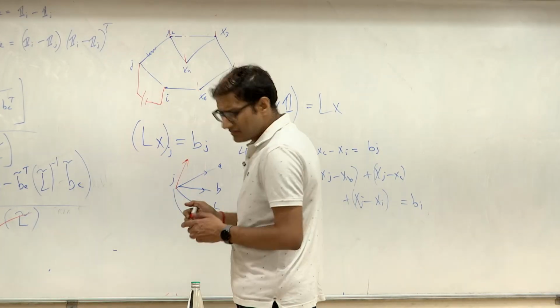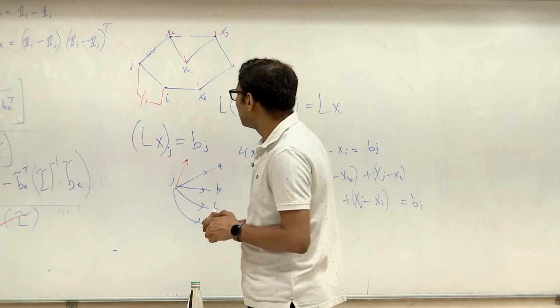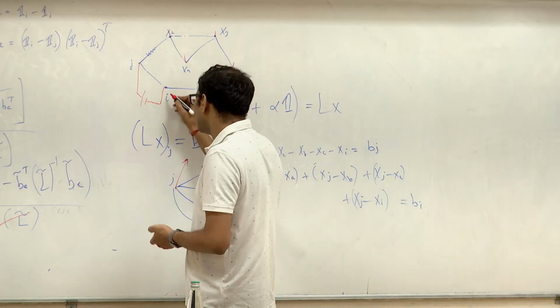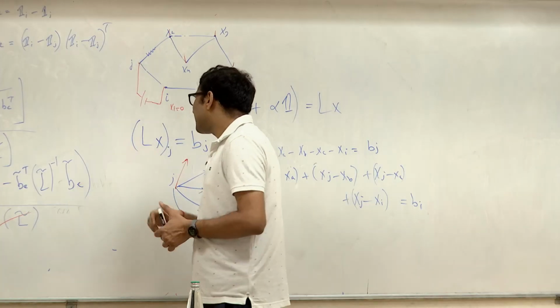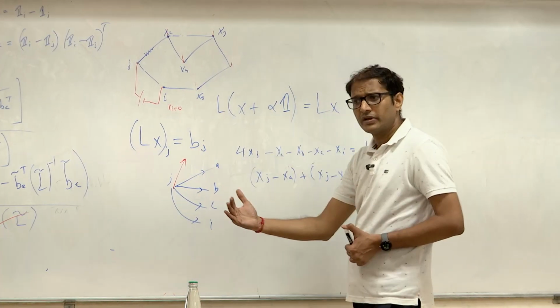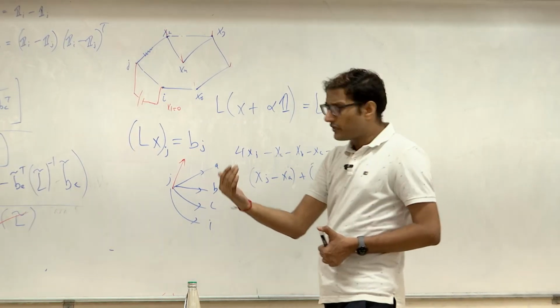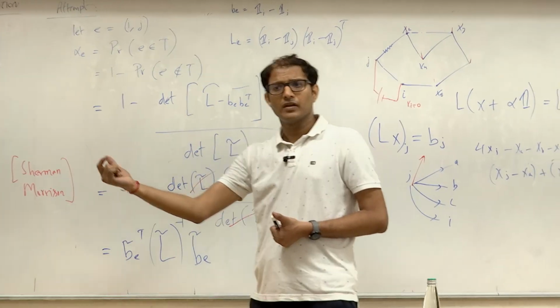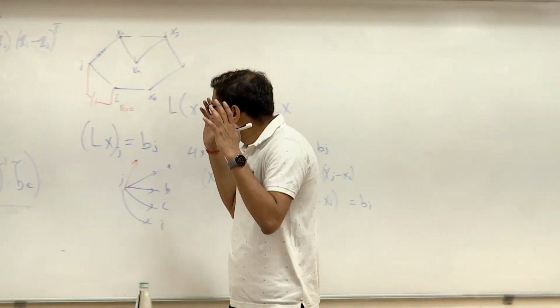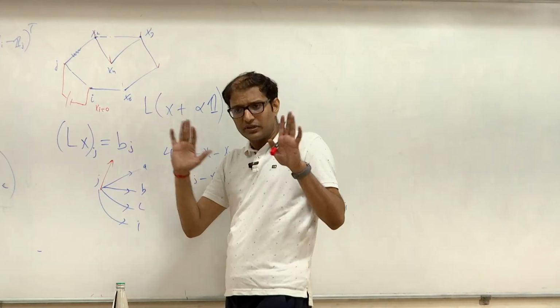The idea is that the voltage of i, xi, I'll think of as having been pinned to 0. When you look at L tilde, where L tilde corresponds to L with the ith row and the ith column removed, what is happening is that this vertex i is essentially grounded.